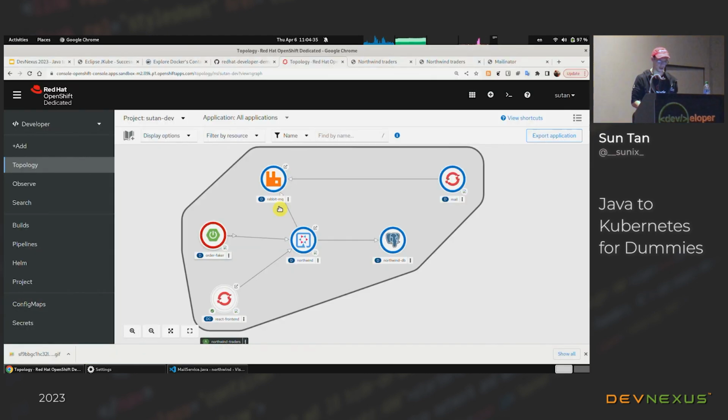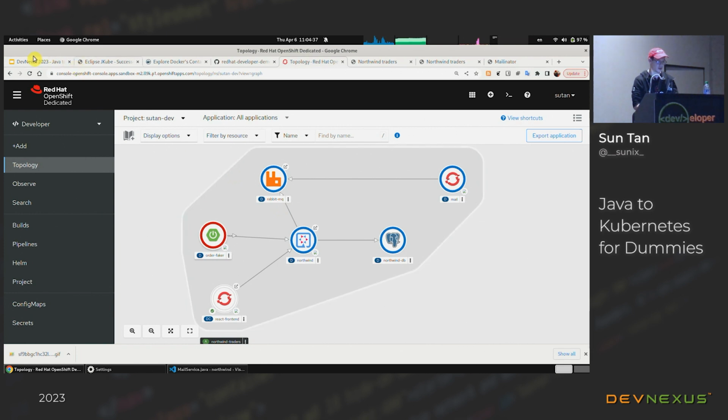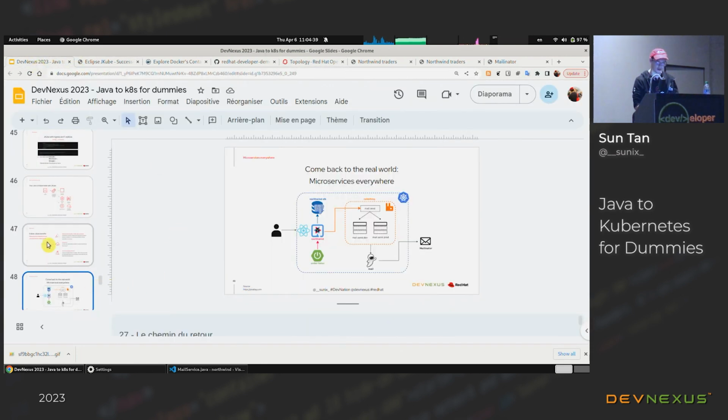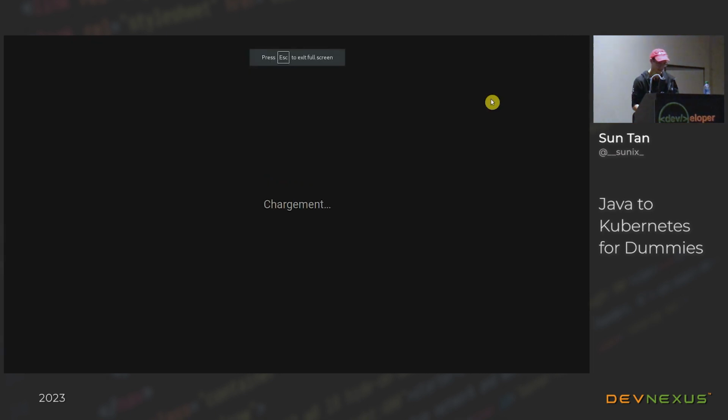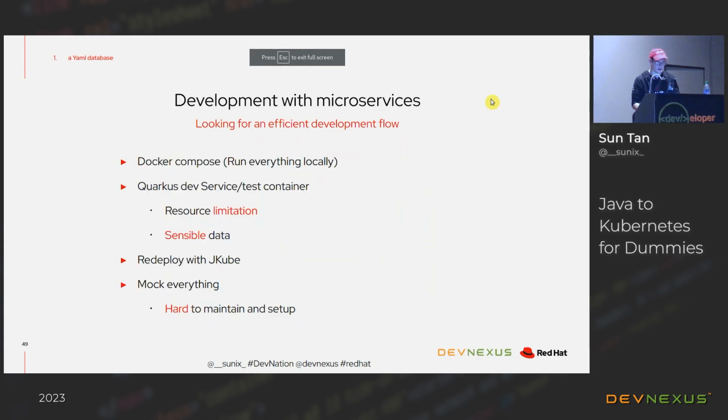So basically, when you want to work on this kind of application, you want to be able to reproduce and have all the microservices available for your development, maybe. You could do that maybe with Docker Compose, but it's running locally. Same with Quarkus dev services or Testcontainers.